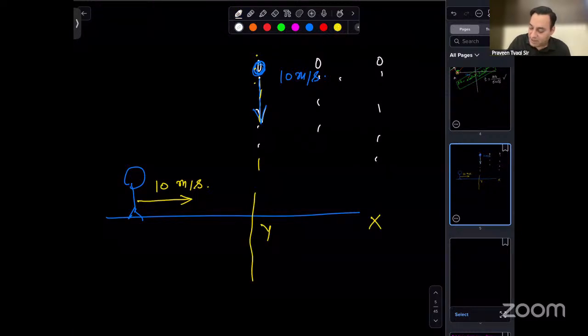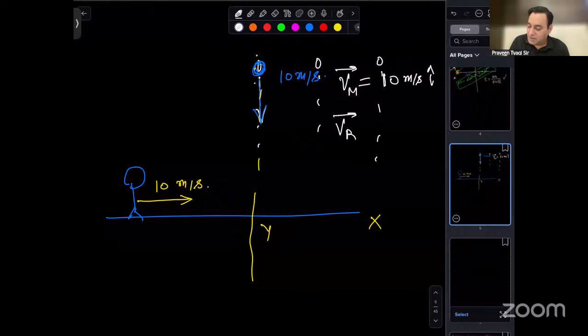Velocity of man is 10 meters per second i cap. Velocity of raindrops can be written as minus 10 meters per second j cap.